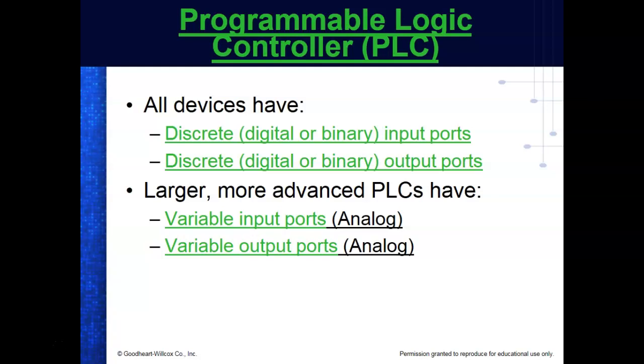But these guys don't connect directly to the process, the actual things of the machine. It goes to a portal that we call input ports and output ports. So the portals can either be digital. So these are all digital, right? Do you understand that? Because what happens when you touch it?